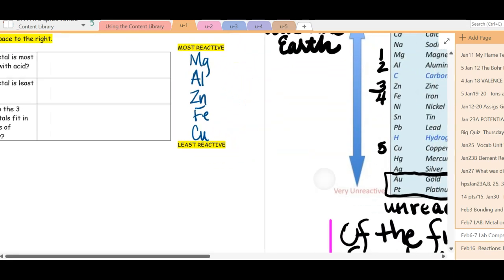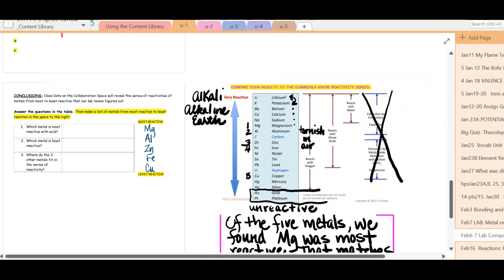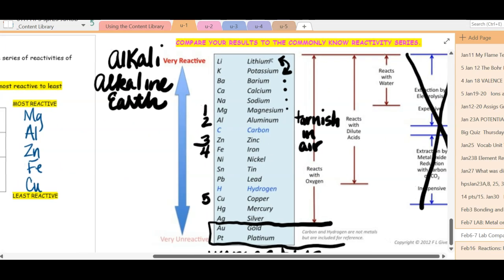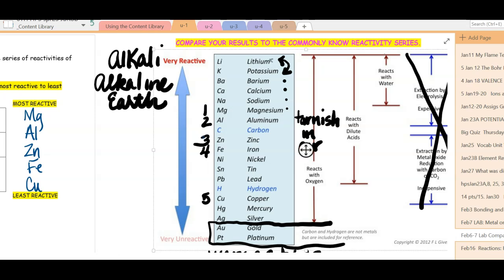And then we went over here, you copied this reactivity series from me, and we saw, oh my goodness, we got exactly the same order. Yes, where the most reactive was magnesium, then aluminum. So everybody who had done this got the same results we did.